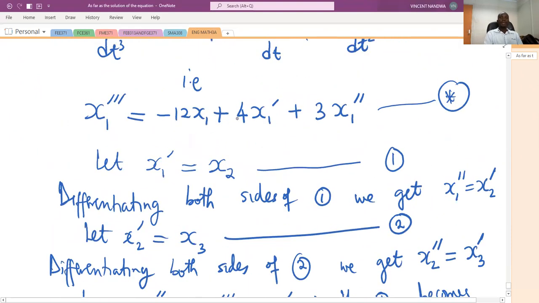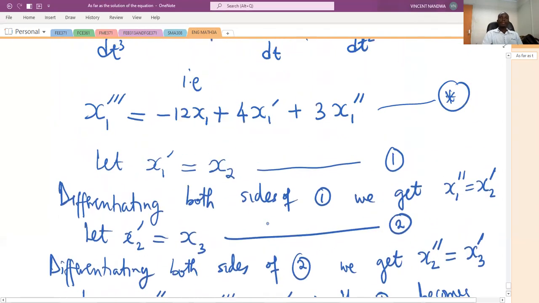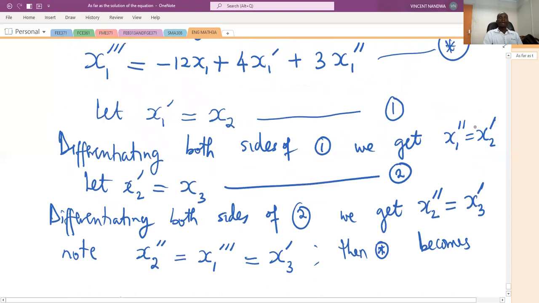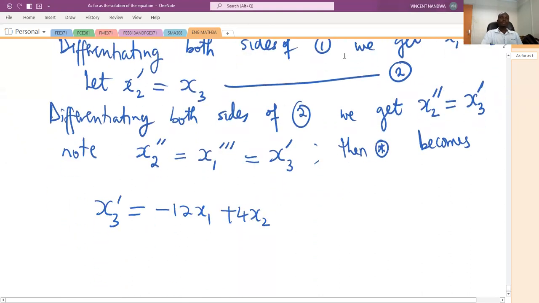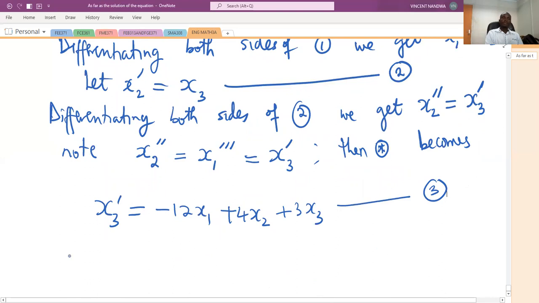You see x1 prime by definition in equation 1 is x2. So where there's x1 prime, we put x2. So we'll have 4x2. And then x1 double prime is the same as x2 prime, and x2 prime is the same as x3. So this is 3x3. This one you call equation 3. So that's what you have now.